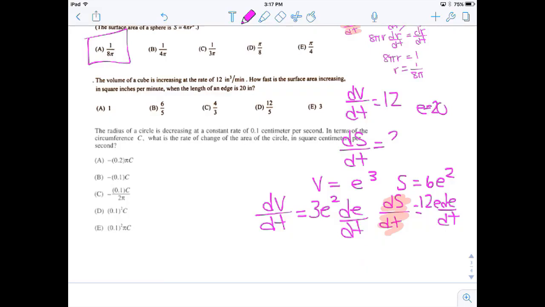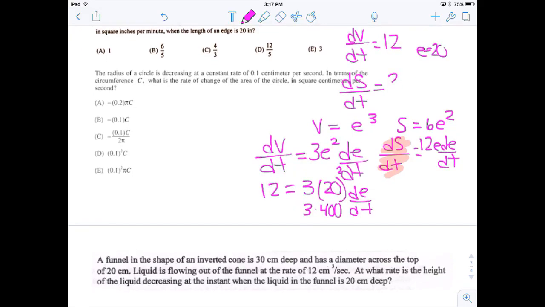I know this is 3. And E is 20, times dE dt. So this would be 3 times 400, which is 1200. And so we have that dE dt should equal 1 over 100, or 0.01. So dE dt is 1 over 100. Okay, 12 over 1200. So let's plug that in now.